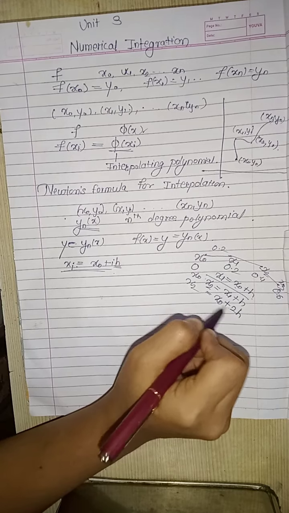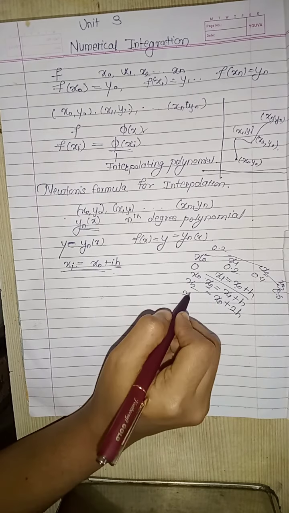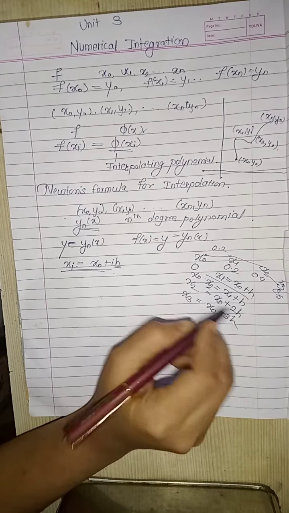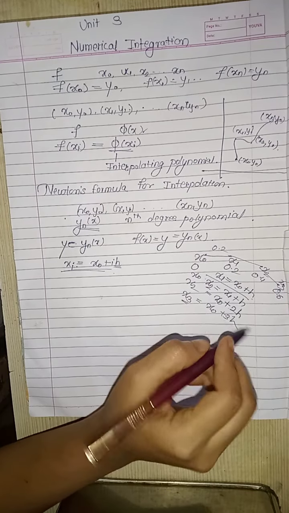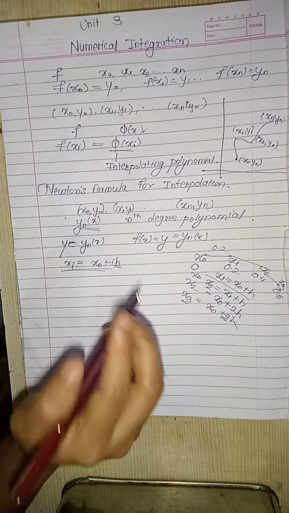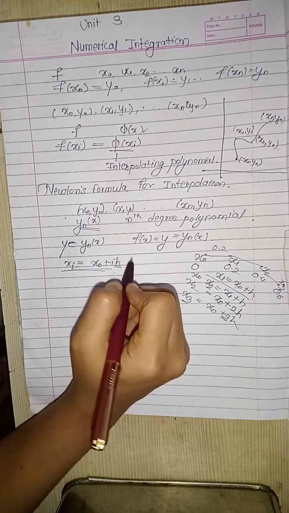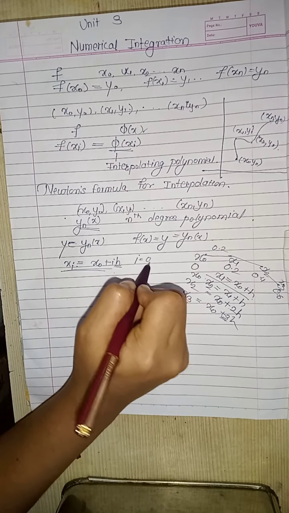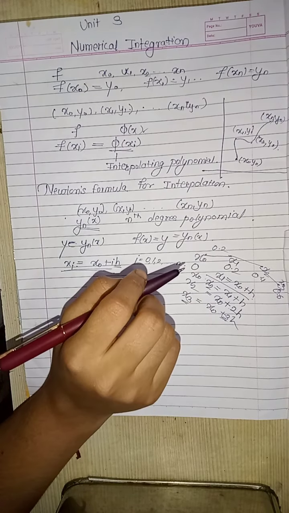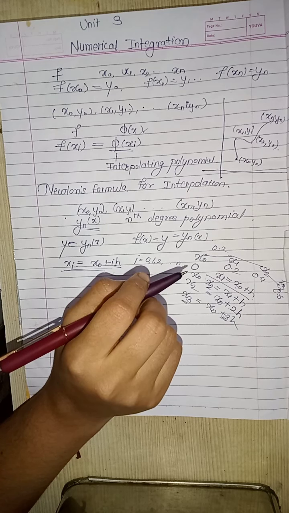So x2 equals x0 plus 2h. Similarly, x3 equals x0 plus 3h. So here the suffix of x is equal to the coefficient of h. That's why xi equals x0 plus ih, where i goes from 0, 1, 2 up to n. So this is the basic condition for the values of x.